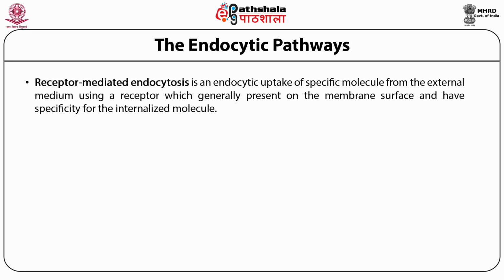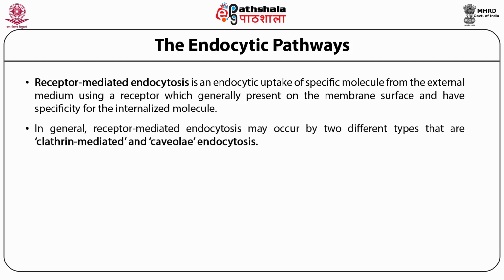Receptor-mediated endocytosis is an endocytic uptake of specific molecules from the external environment using a receptor, which is generally present on the membrane surface and has specificity for the internalized molecule. In general, receptor-mediated endocytosis may occur by two different types, that are clathrin-mediated and caveolae endocytosis.